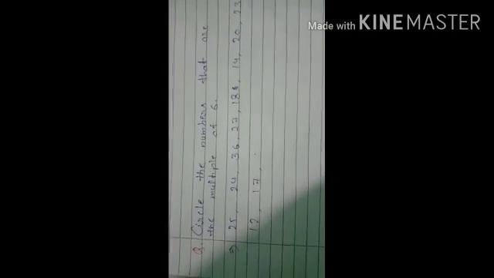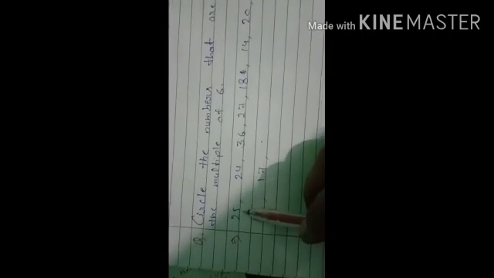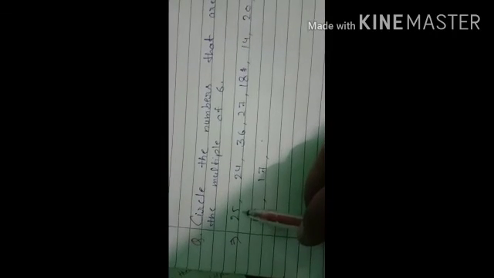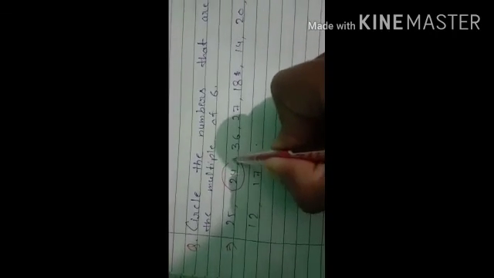Students, here is another question. Circle the numbers that are multiples of 6. Students, 25 is not a multiple of 6 because 25 is not in the table of 6. 24 is a multiple of 6. 36 is also a multiple of 6. 18 is a multiple of 6.